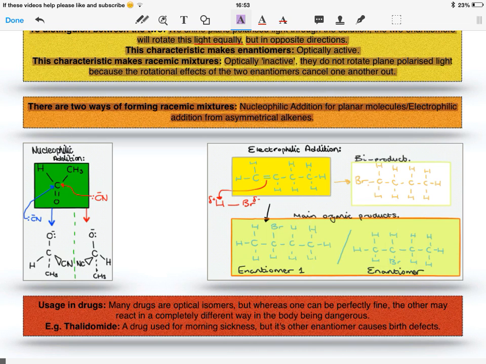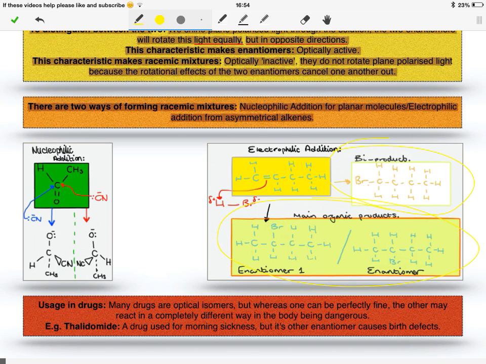It can either form the optical isomers, which are here, or it can form a byproduct, which is this. The way you know that you've got your byproduct is because the halogen will be in a very unstable position. Here the halogen is secondary, whereas here it is primary, and we should know that secondary halogens are a lot more stable than primary.